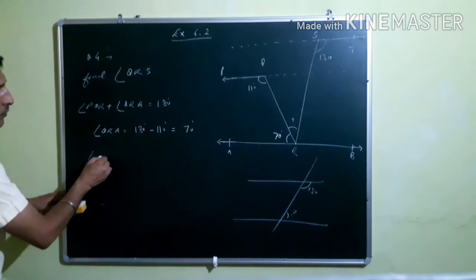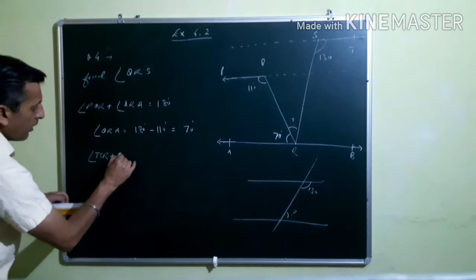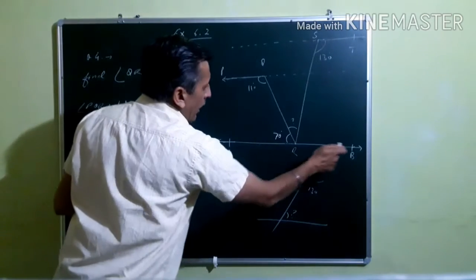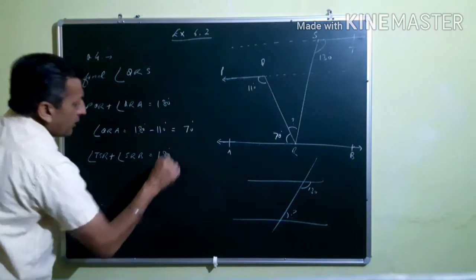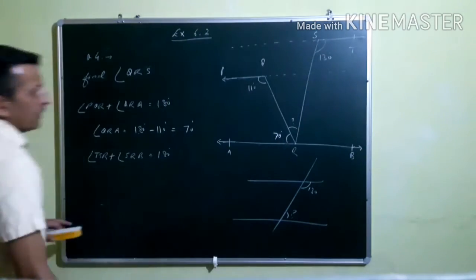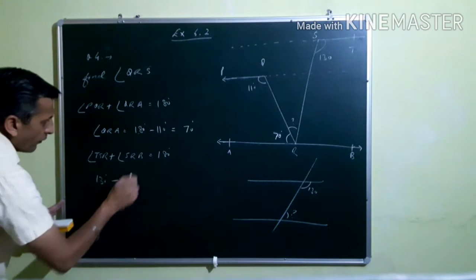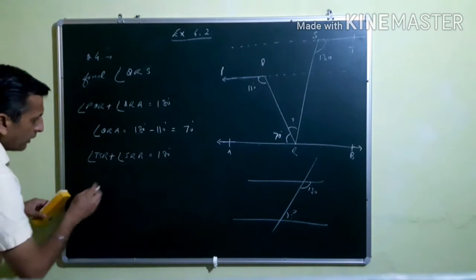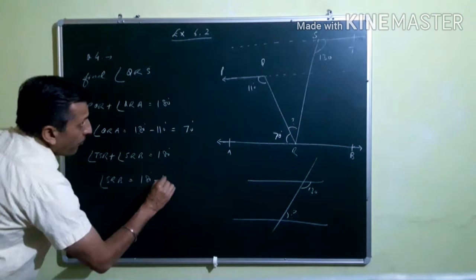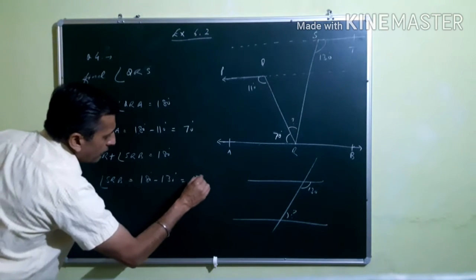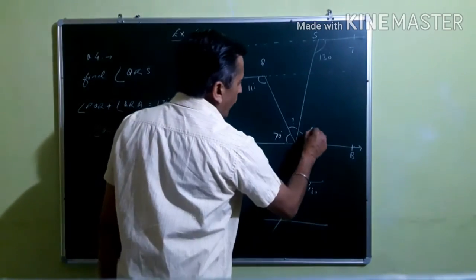That means angle TSR plus angle SRB should be equal to 180 degrees, out of which angle TSR is given as 130 degrees, plus SRB is equal to 180 degrees. So angle SRB is equal to 180 degrees minus 130 degrees, and that gives the answer 50 degrees. So this angle is also known, this is 50 degrees.